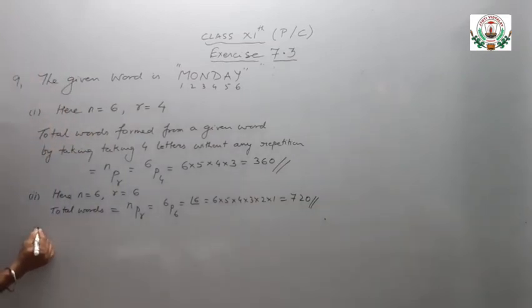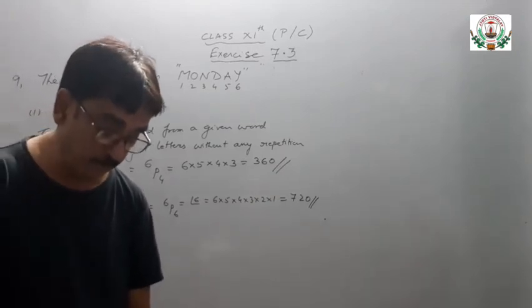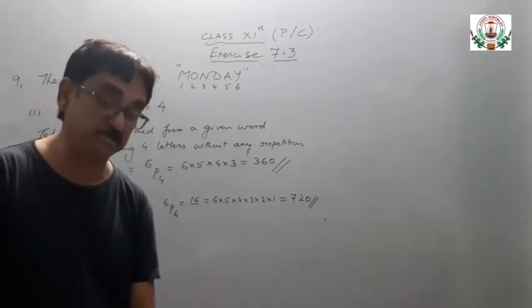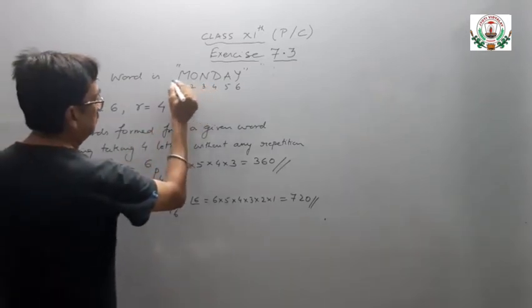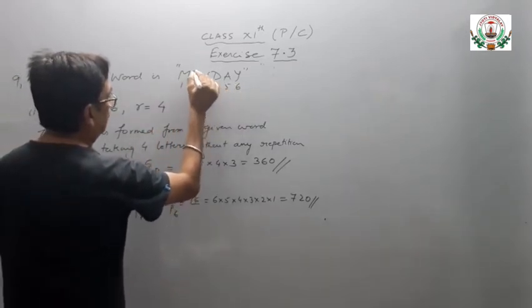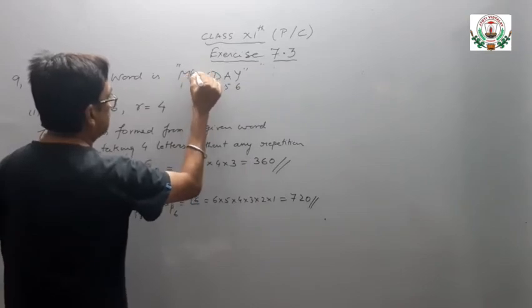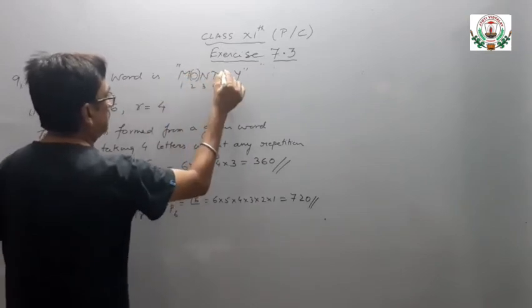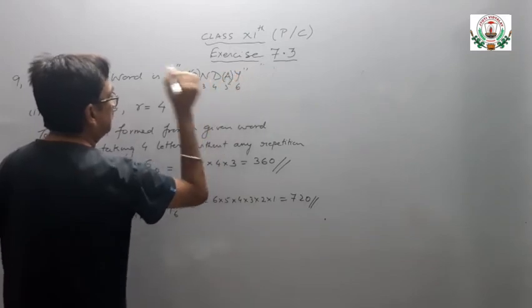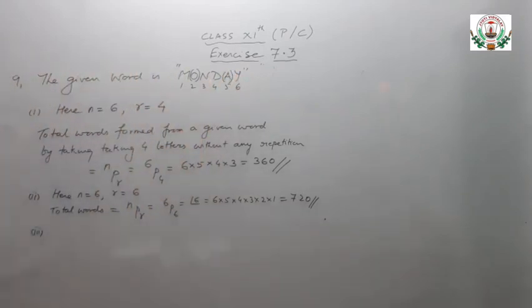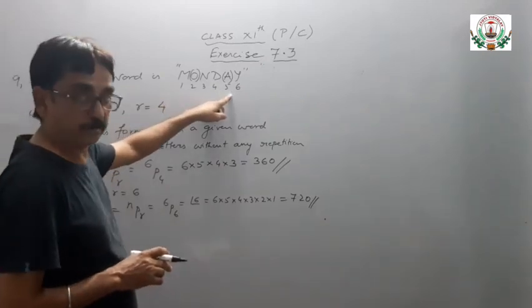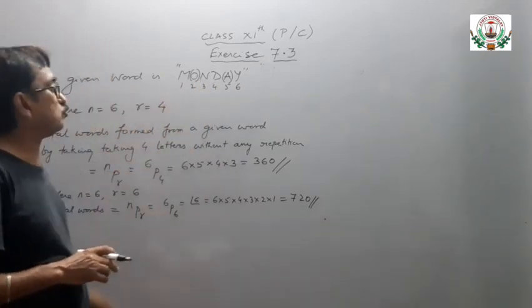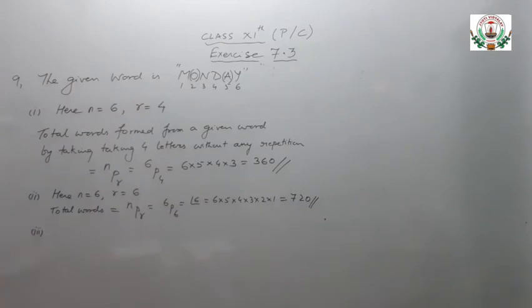Now comes the third part. Let us see. All the letters are used, but the first letter is a vowel. So you can see that in this given word, O is a vowel and A is a vowel. So in the given word, out of the 6 alphabets, 2 of the alphabets, O and A, are vowels.